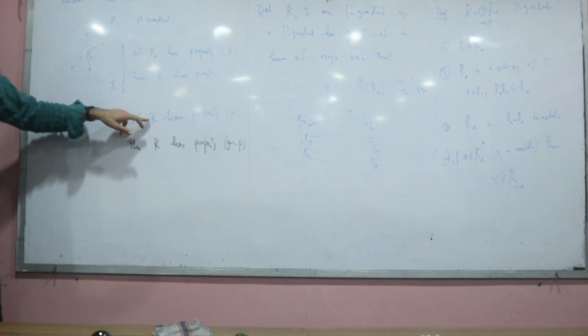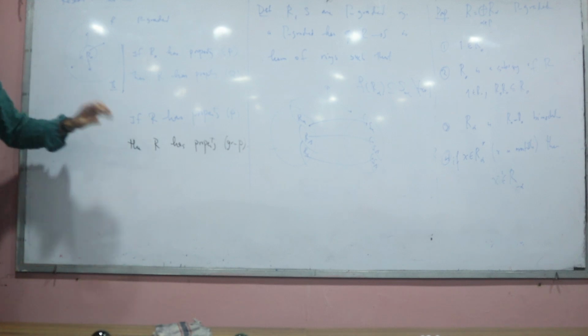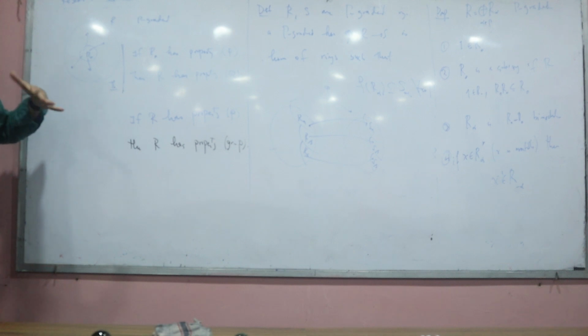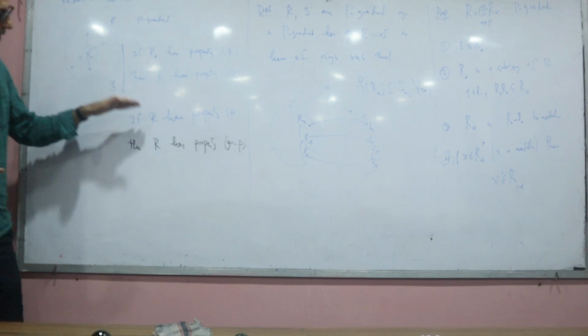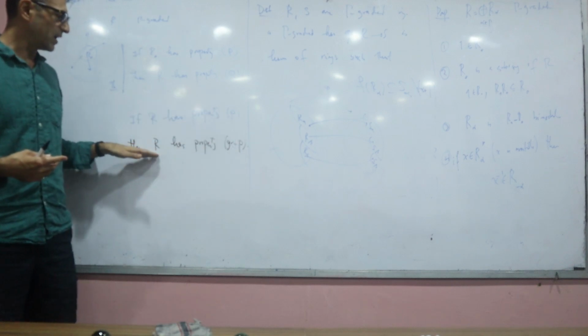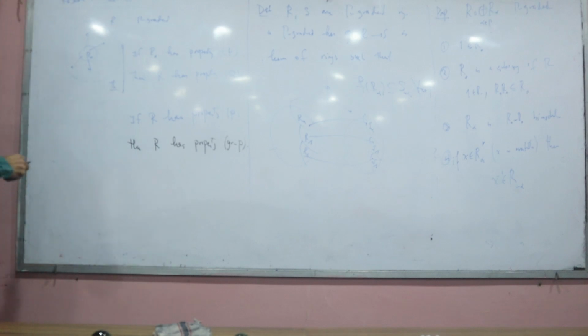You can define similar things in the setting of graded rings: graded simple, graded semi-simple, graded Noetherian. And sometimes you can relate these, that if R has property P, then R has property graded P, or vice versa. An example, check this, I might be wrong here, but just check this.